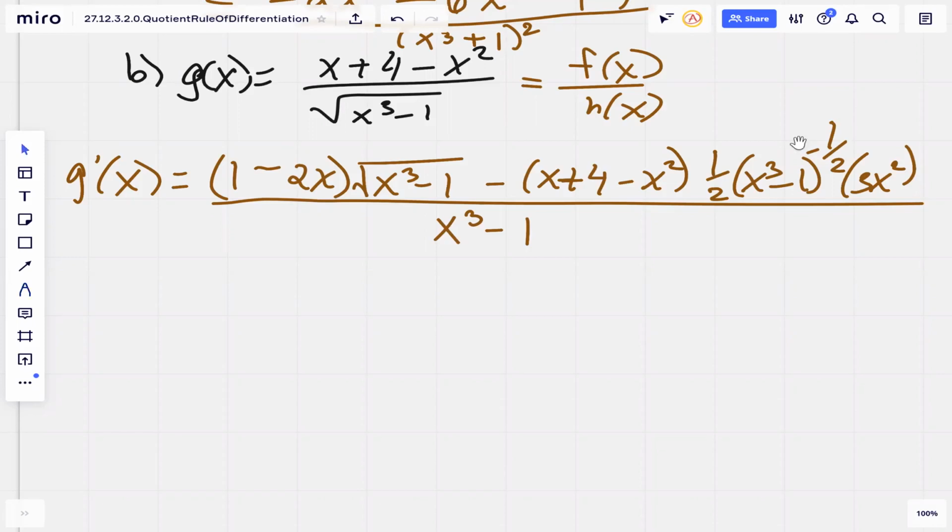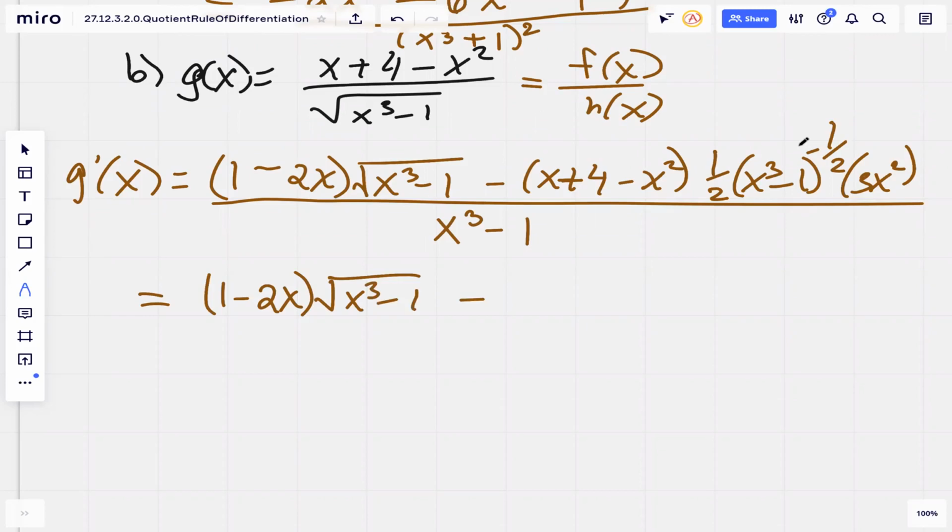Looks a bit messy. Okay, well, let's simplify it. Why not? We've got a bit of time. So what's the best way to do this? We can't do much with the square root, so we have to leave it as is. There may not be a whole lot that we can do to simplify.